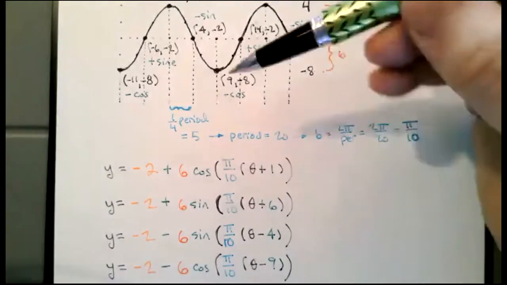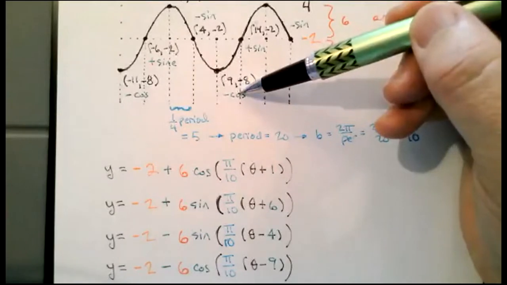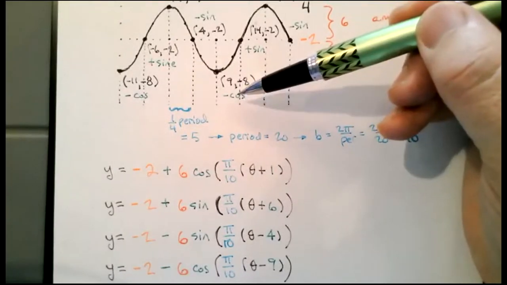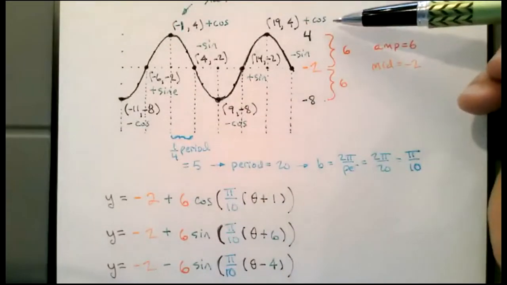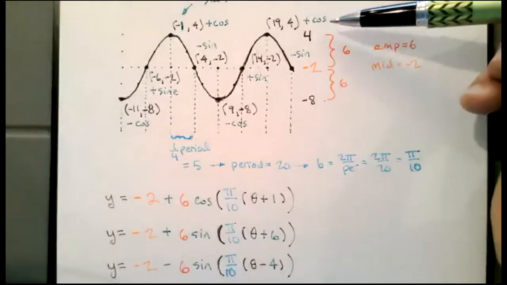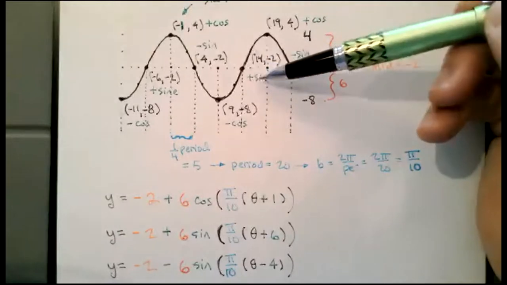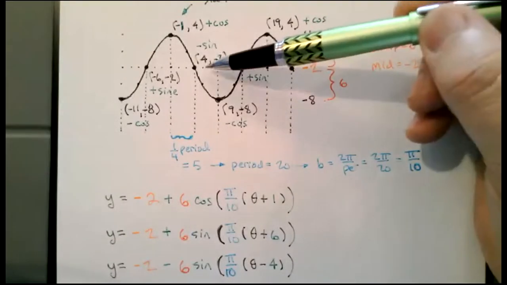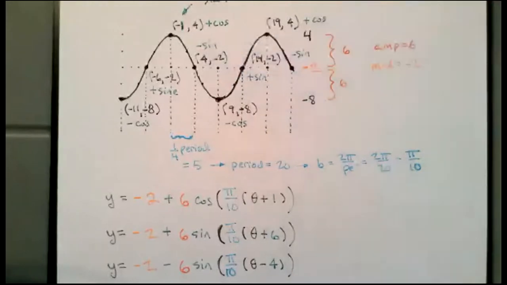If we choose as our horizontal shift a point at the bottom, that means negative cosine. If we choose a point at the top, that means we're going to use positive cosine. If we choose a point at the middle going up, we're going to use positive sine. And if we choose the middle going down, we're going to use negative sine.